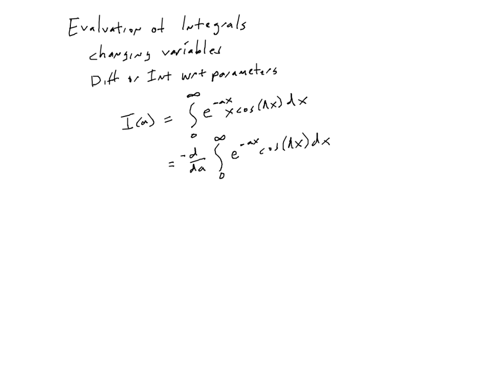So if I want to take a derivative with respect to a of this term inside the integral, and I'm not integrating with respect to a, I can do that. Or I could take a derivative with respect to lambda of this. And so I can move this derivative in and out of the integral, it doesn't matter. And so this is just now taking the derivative of the solution to this integral.